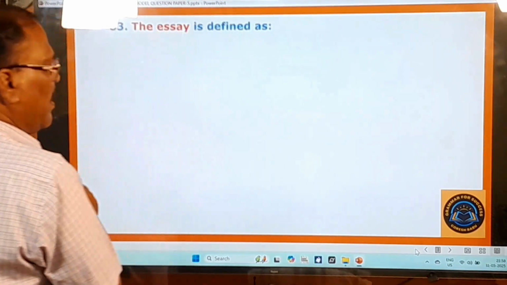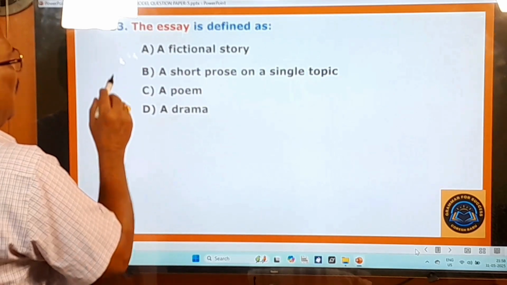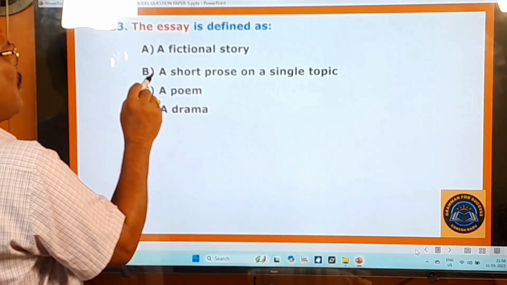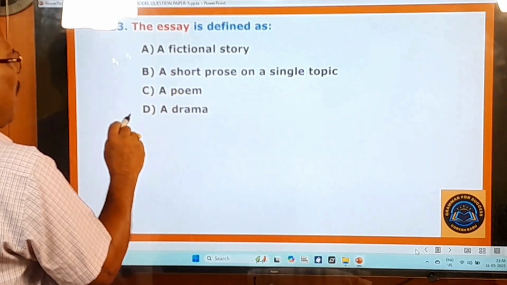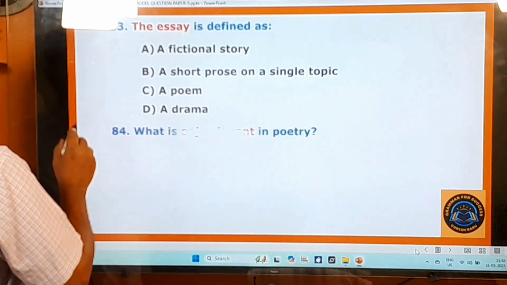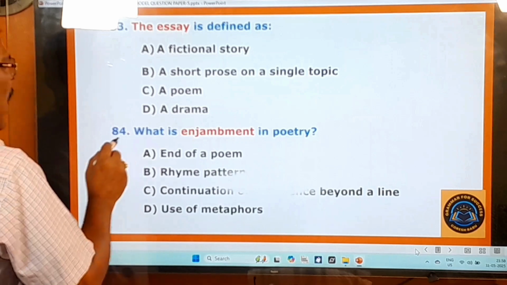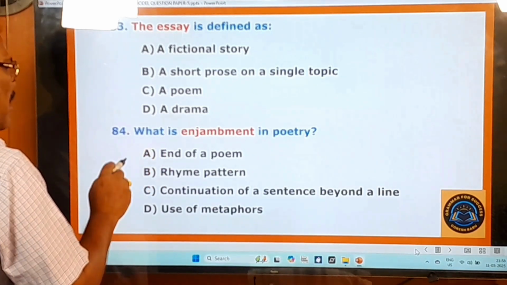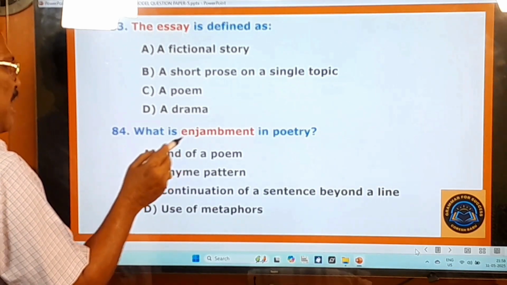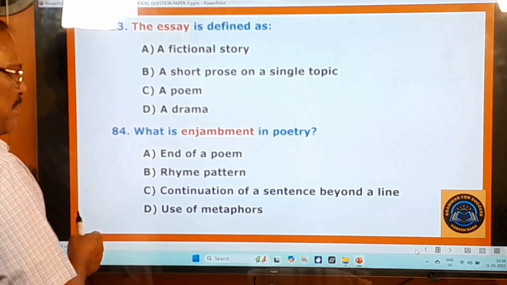The essay is defined as a fictional story, a short prose on a single topic, a poem, a drama. 84th question. What is enjambment in poetry? End of a poem, rhyme pattern, continuation of a sentence beyond a line, use of metaphors.